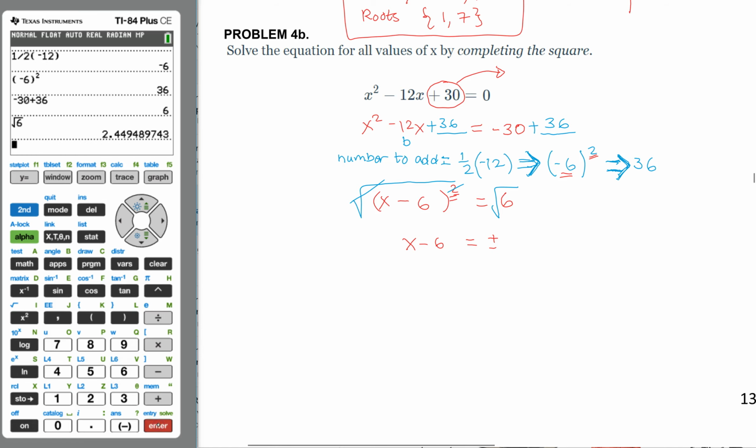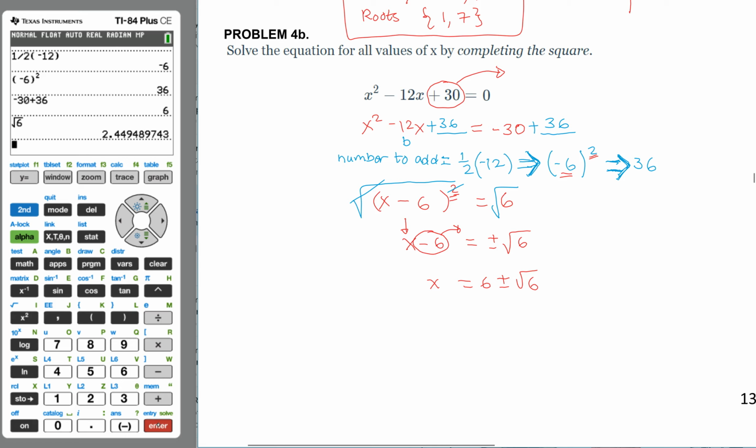Press enter. Okay, there's no exact square root of 6, so I will just copy it now. I'm solving for x, so x needs to be by itself. So I just move this over to the right side. So you have now x equals, the minus 6 opposite is positive 6, so you have plus minus square root of 6.